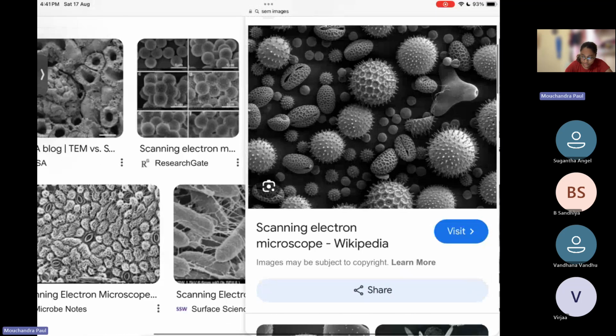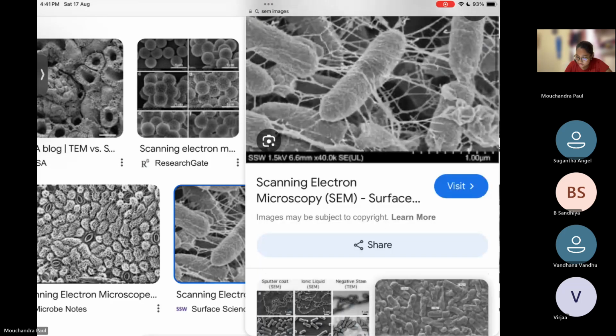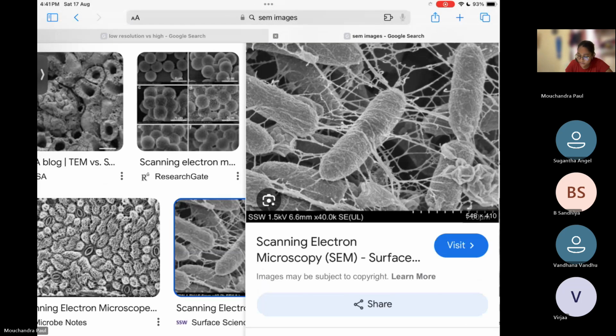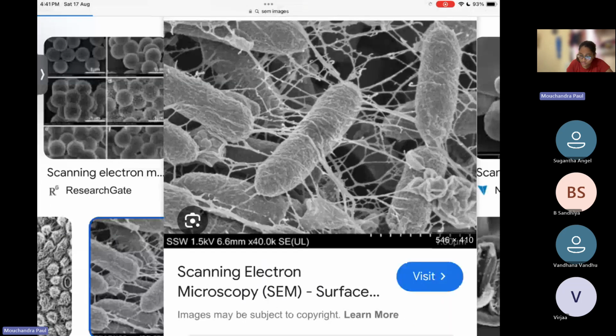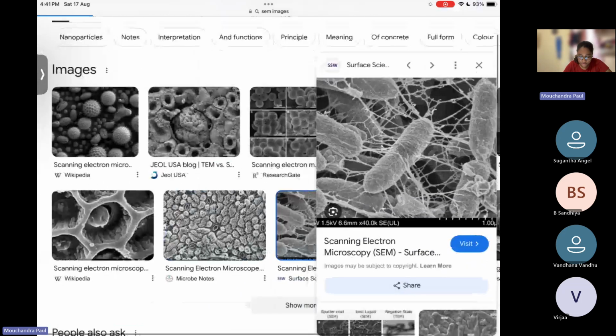This is another image, here are some cells or maybe bacterial rods that are interlinked. So very clear, very fine images can be captured.